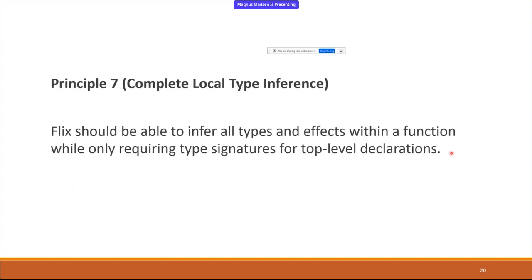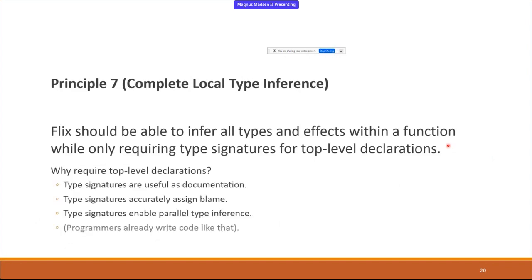Now you might say, okay, why do we then require top level declarations? After all, let's say OCaml, you don't have to write any declarations. But actually, it turns out to be a very useful and pragmatic choice. So by requiring you to write type signatures, you tell the compiler, well, this is what I expect this function to take as input and give us our output, including its effects. And this allows you to more easily assign blame.